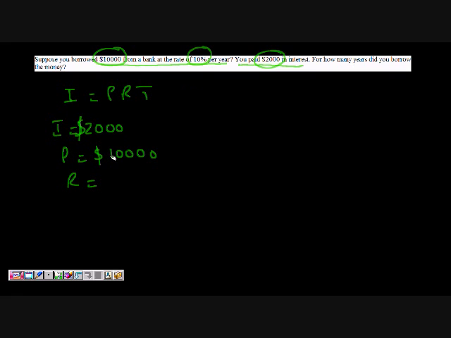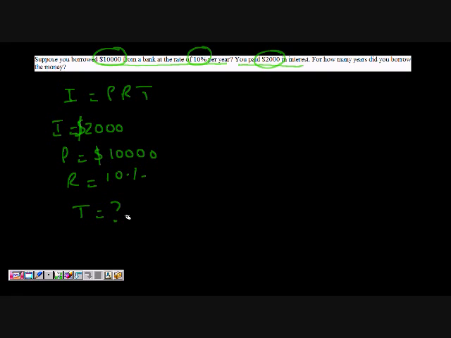So we know that interest is equal to PRT, and we're given I is equal to $2,000. That's the interest that you paid. The principal amount P is equal to $10,000. That's the amount of money that you borrowed here. And then rate of interest is given as 10%. And you are supposed to find out T.